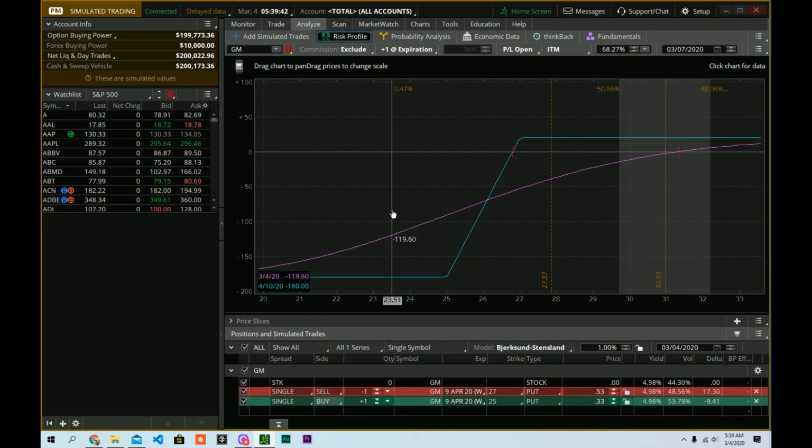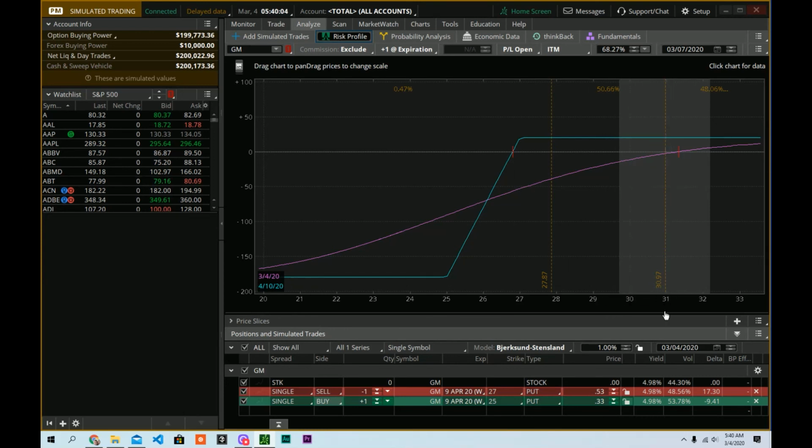Your max loss is $180. So that would be a much more tolerable portfolio position. You really want to be shooting for the 1 to 3% of your portfolio at risk at any one point, if you're trading small, as they say in the tastytrade approach.